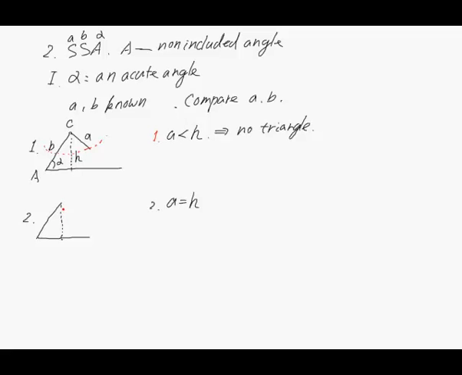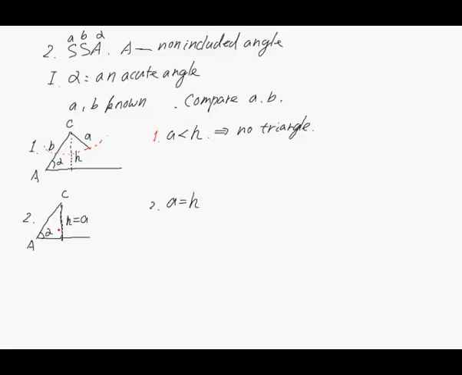And this is your H. And this H is exactly equal to A. So this is your angle alpha, and this is the A, and this is the C. So in this case, you can have exactly one triangle, because this is the only point that this side A touches this bottom line.